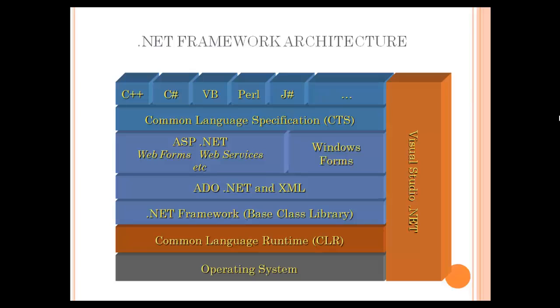Then we have Windows forms. Below that we have ADO.NET, which we will come across later, and XML, extensible markup language. The lowest part is the operating system. So that's the architecture of the .NET framework.